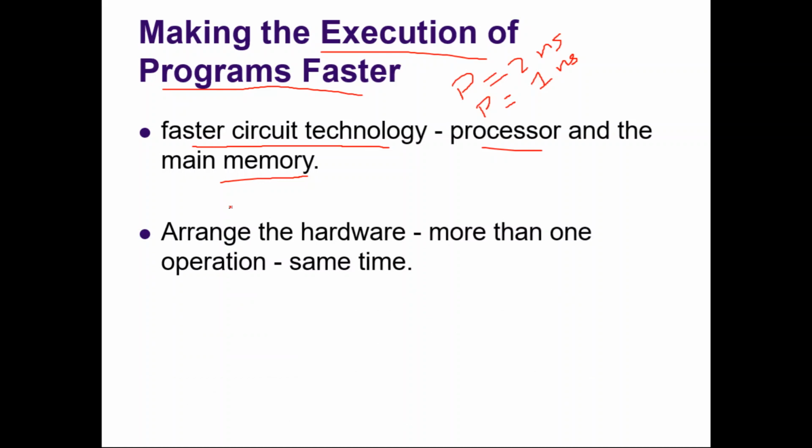The second method: improving the circuit technology is not a simple task, right? It is actually in the hands of the designers of the processor. The second technique says, arrange the hardware in such a way that more than one operation can be done at the same time.